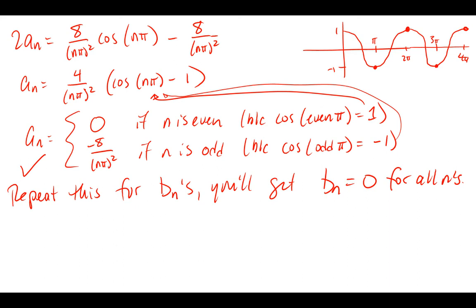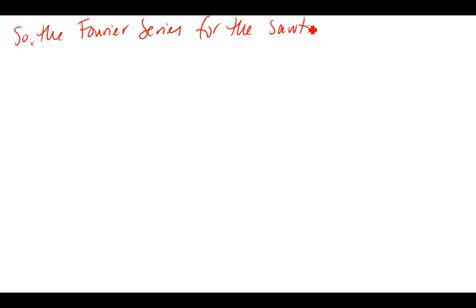So what do we have then? Pulling this all together, the Fourier series for the Sawtooth function we started with is, so let's put everybody together.